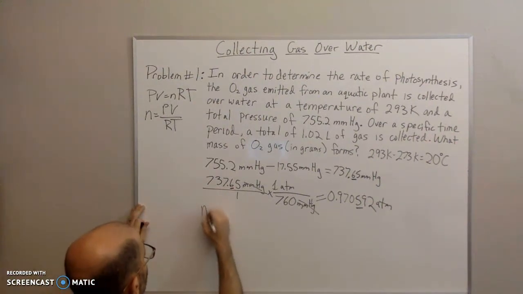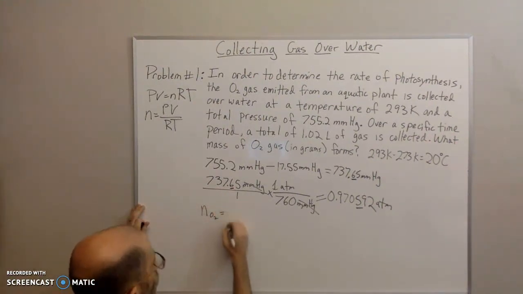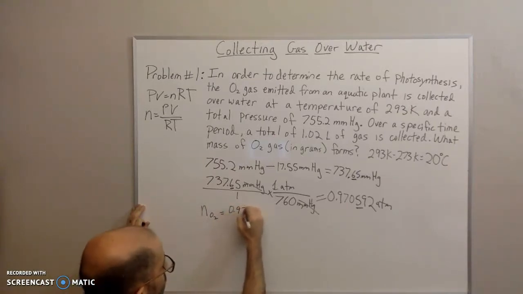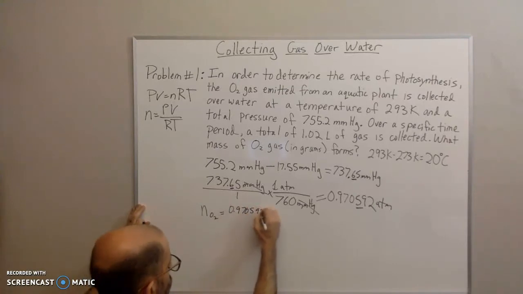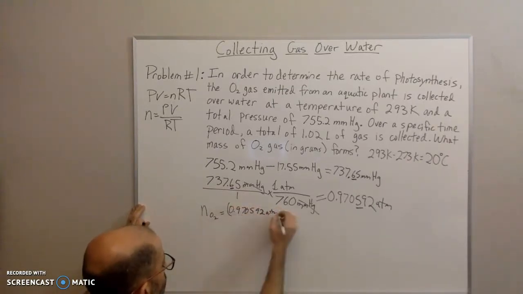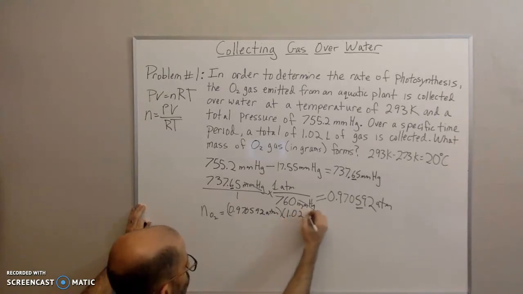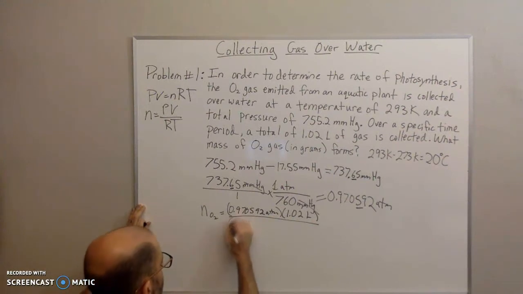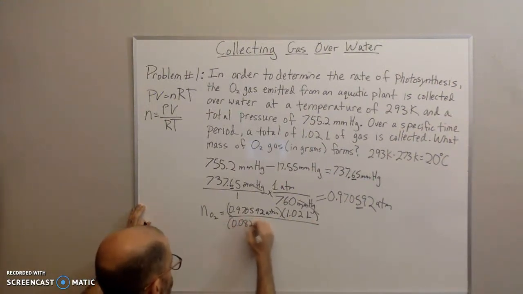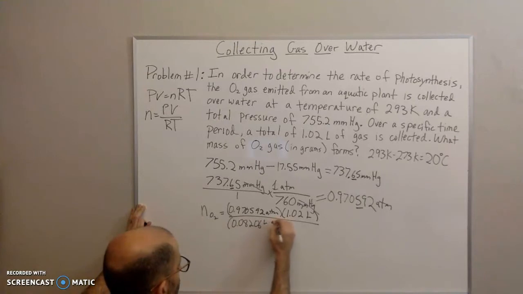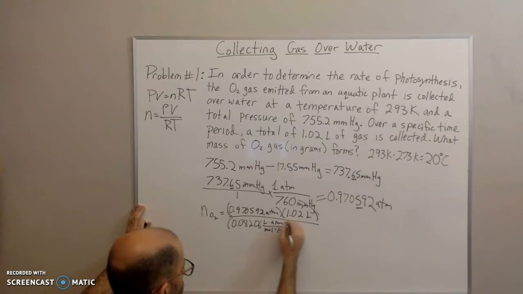The number of moles of O2 is equal to the pressure, which is 0.970592 atmospheres, multiplied by the volume, 1.02 liters, over R, which is 0.08206 liter atmospheres over mole Kelvin.